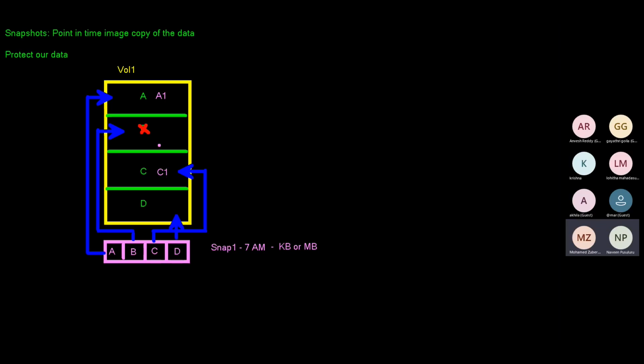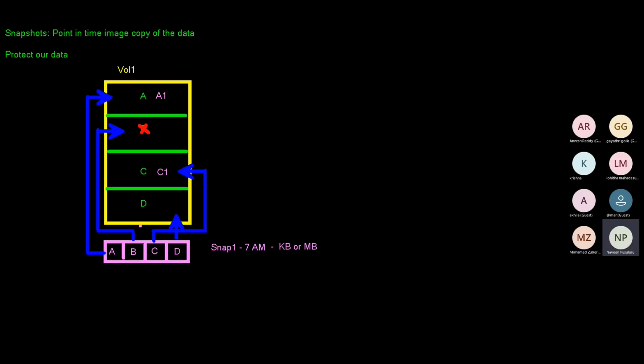So whenever these things happen, the data blocks that got modified will be moved to the snapshot before modification. Not only that, if I delete some data file or folder, the entire file or folder will be moved to the snapshot.